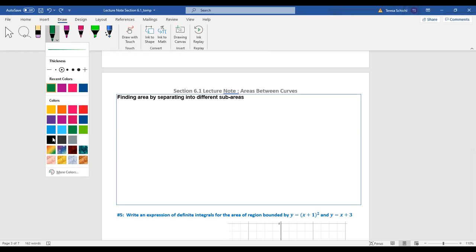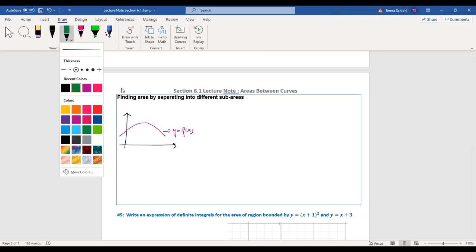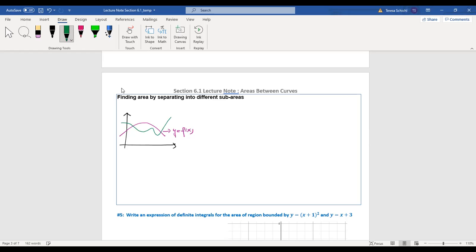So for example, right now we have curves here. Like what we did in part 1, we had f and g curves, and now here I have a curve, let's say this is y equal to f of x, and then I have another curve like this, and I will say this is y equal to g of x.